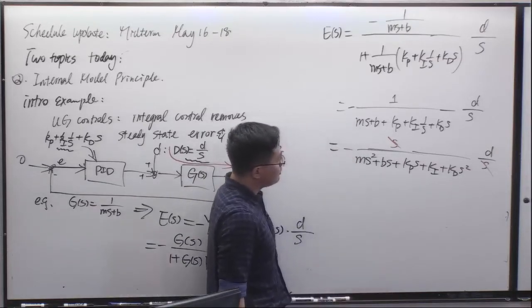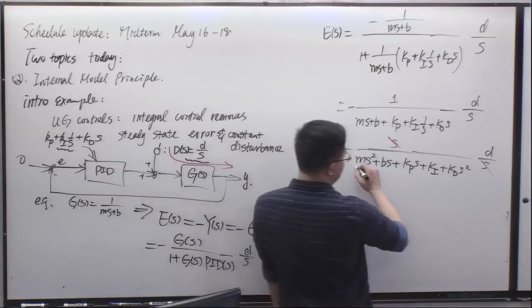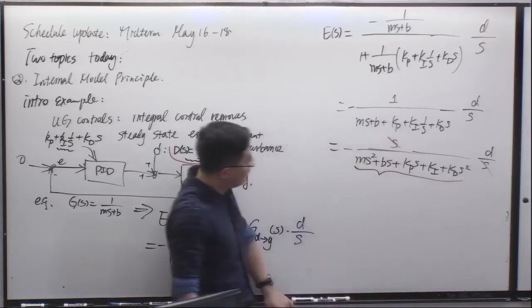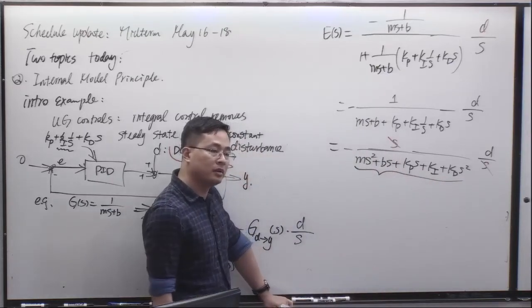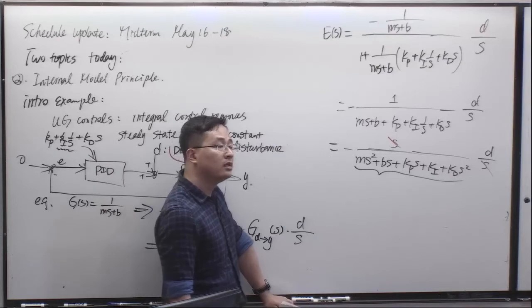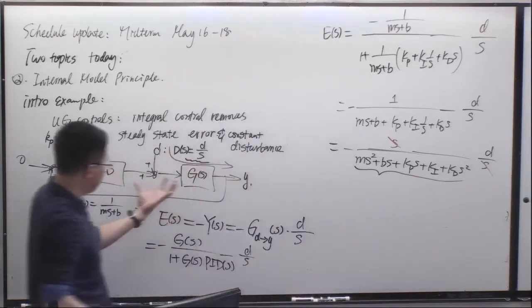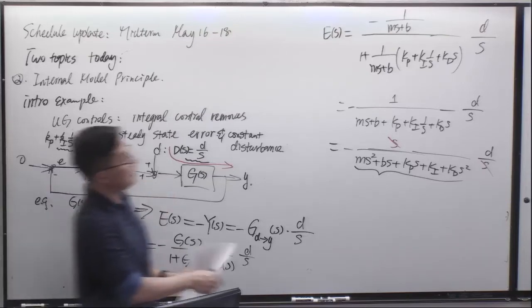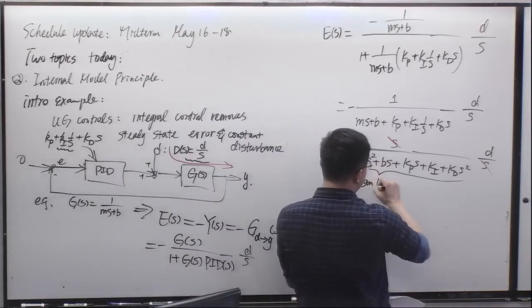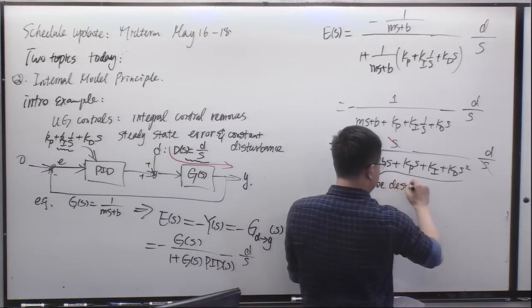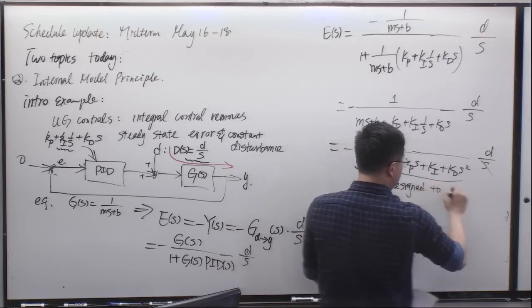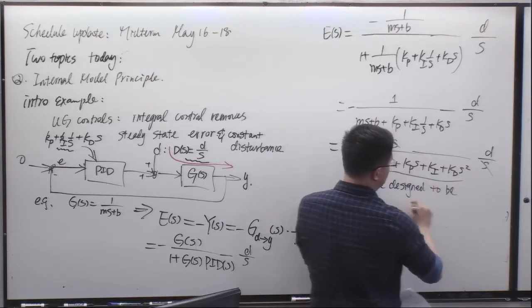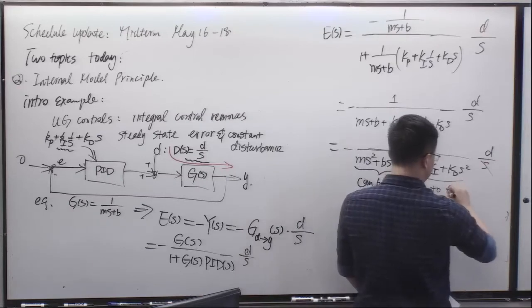And then here, this polynomial is the closed loop characteristic polynomial. So the first goal to design PID is to make the closed loop stable. So this can be designed to have stable roots.